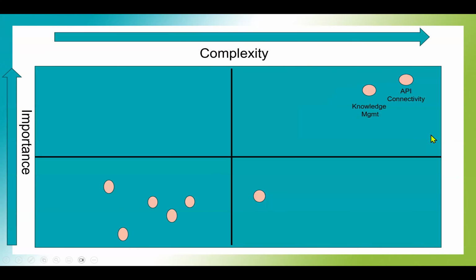So what we did is we made a 2x2 graph, and we came up with a whole bunch of issues that they had for us. And these 2 rose to the top that we talked about before. API connectivity is the connectivity to carriers, and that allows you to connect the broker systems and carrier systems in real time.